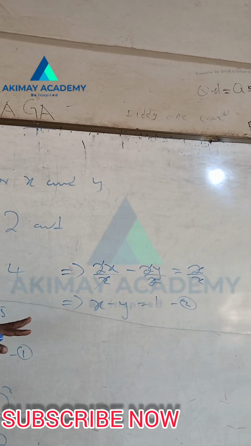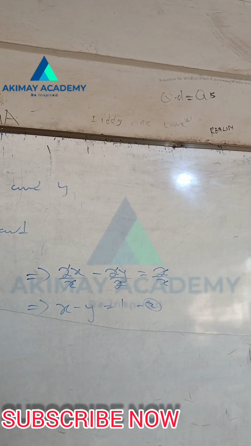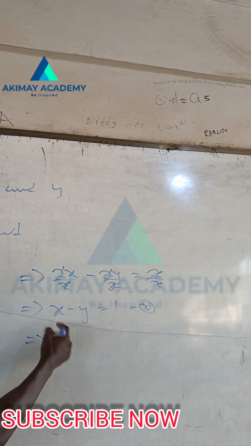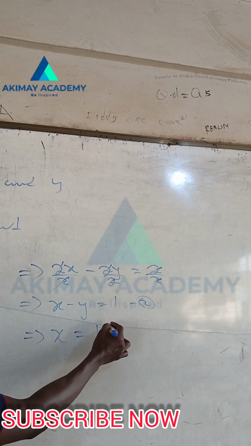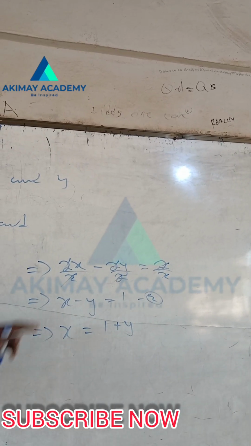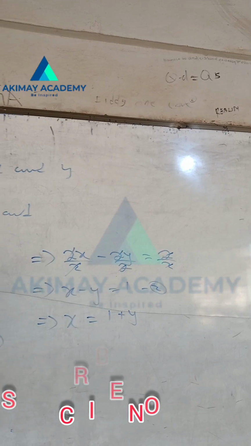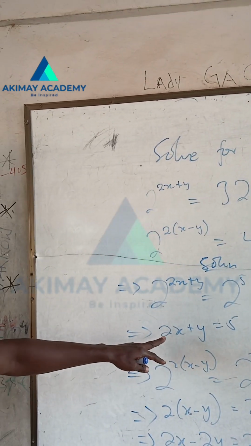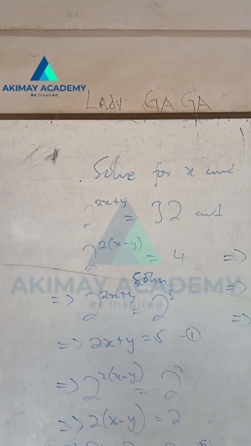Now from equation 2, we can make any of the variables a subject, either x or y. Let's make x the subject, sending y to the other side. So x equals 1 plus y. Let's put x inside equation 1. Wherever we see x, we put 1 plus y.